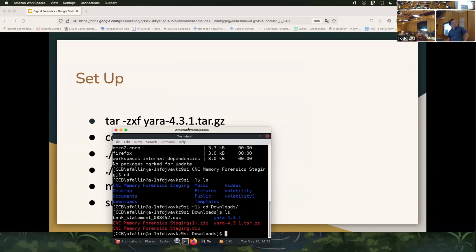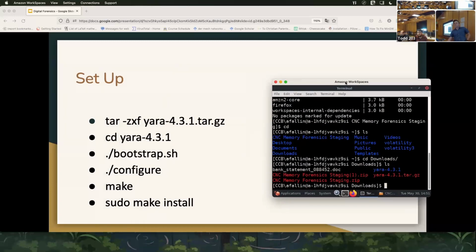All right, next step: cd, change directory, get into the newly extracted Yara directory. I think Yara is going to be one of the most complicated things we're going to be installing.